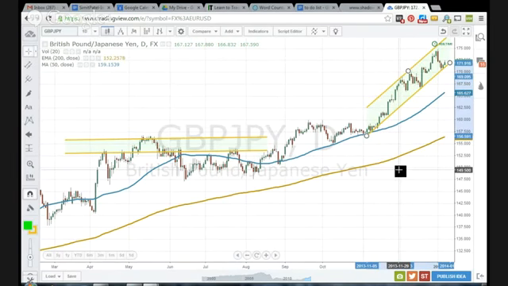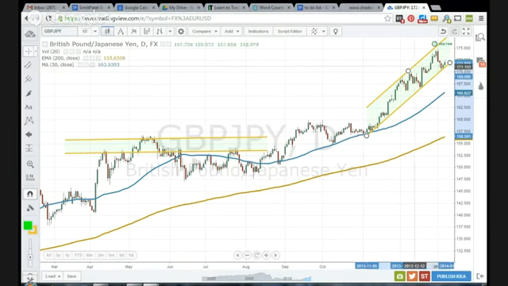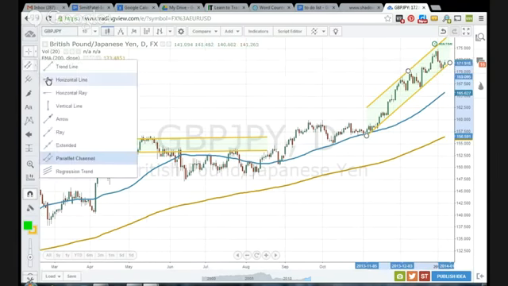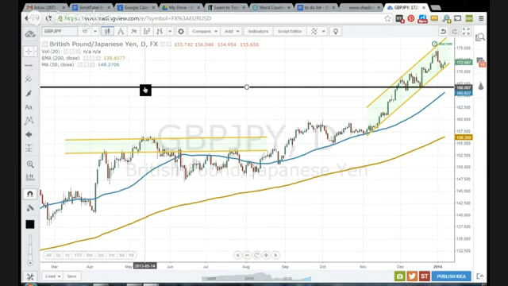To me, this isn't worth it. I need more than just buying here, or buying at the channel bottom. I really want to see it fall to a support level. Let's see. I could see it fall to there maybe. But in any event, I need to see more of a pullback.